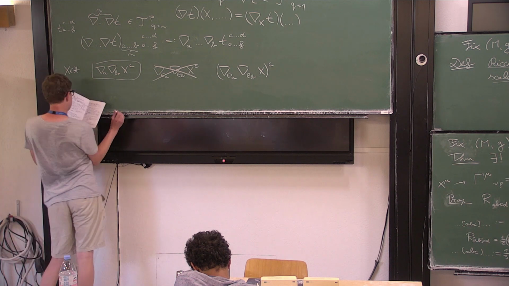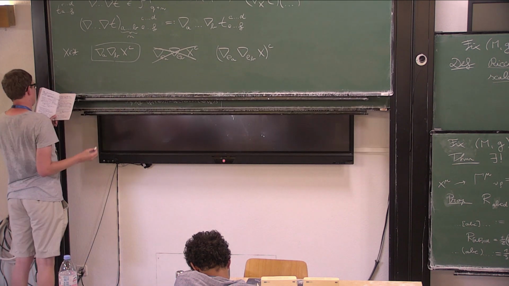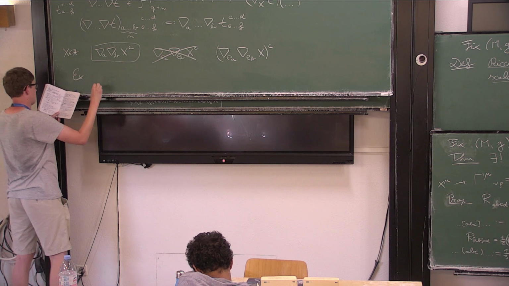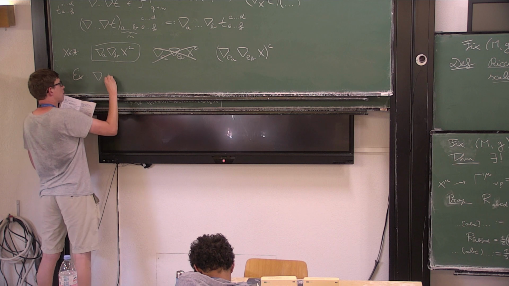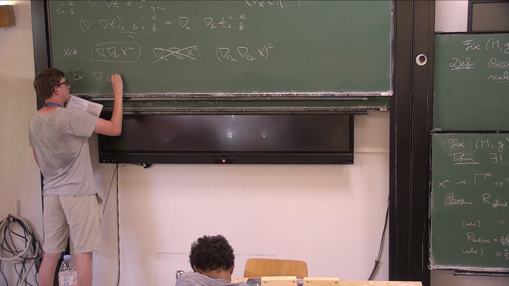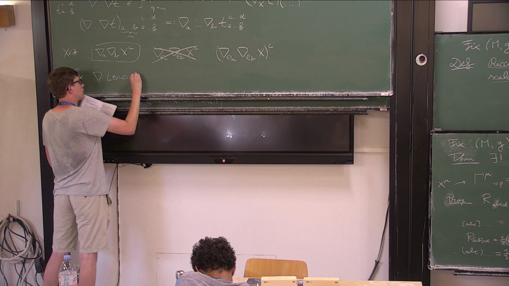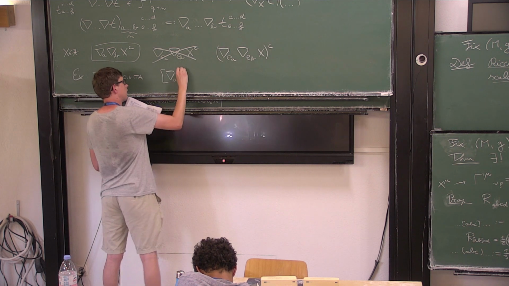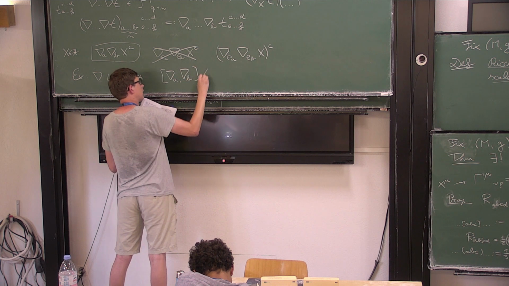Just to give you one example that we can try to derive: again, assume that nabla is Levi-Civita. Then you can have this nice formula: nabla A, nabla B, X^c.